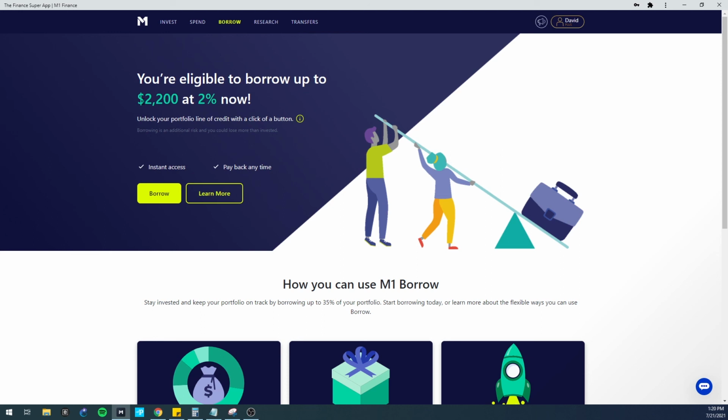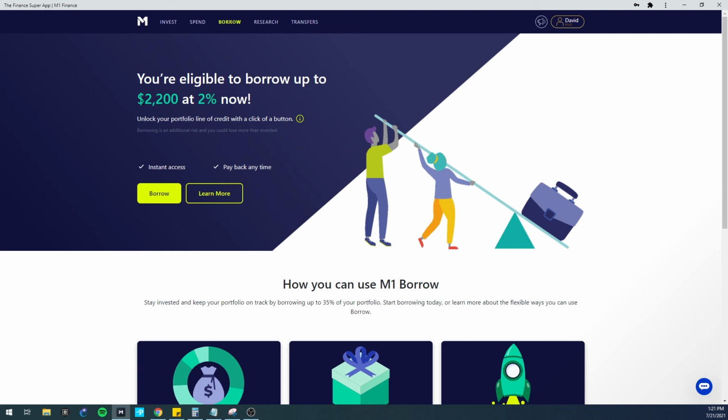So I would only borrow against my portfolio, the amount that I have, deducted by 4%, or let's say 5%. Actually, let's go high, 10%.